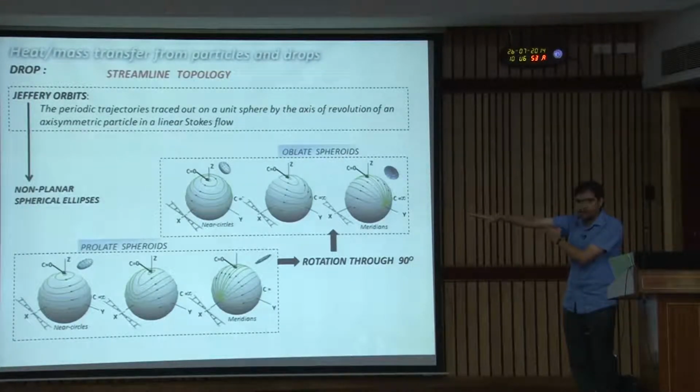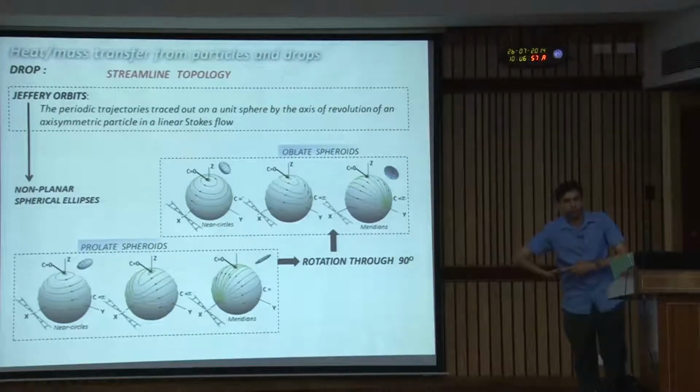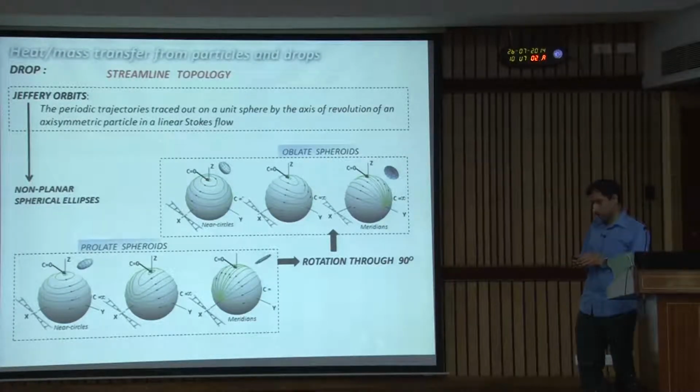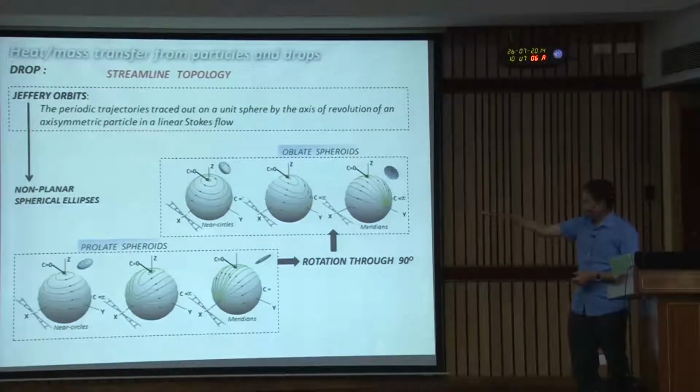Then when it is aligned, it turns very, very slowly. Then when it turns like this, it again flips very fast, turns very slowly, flips very fast. And when it becomes infinitely thin, then it just rotates rapidly and settles into the aligned mode.